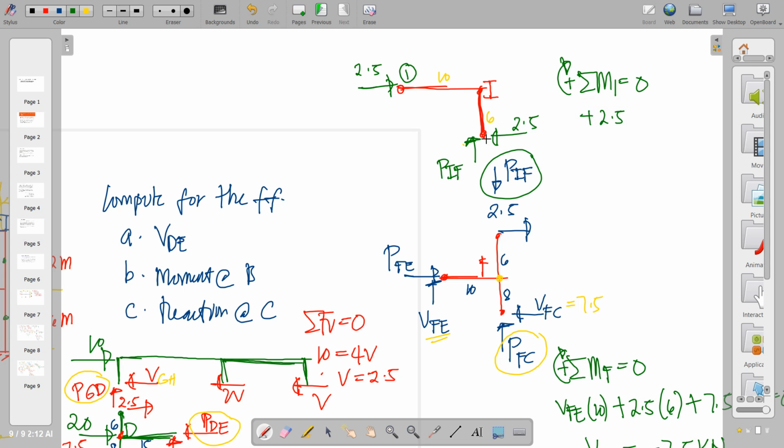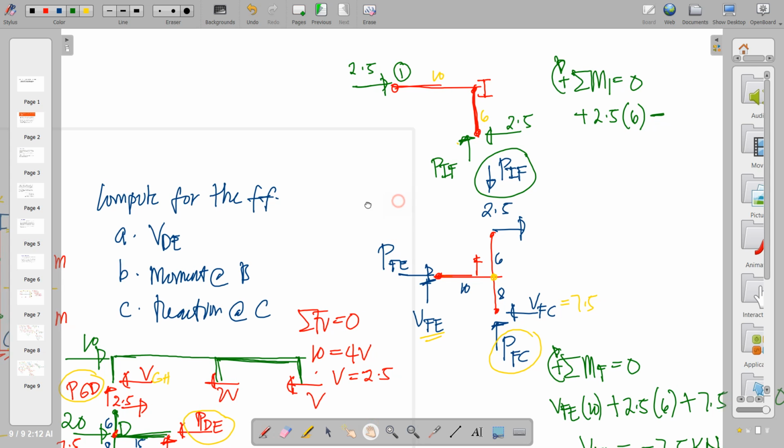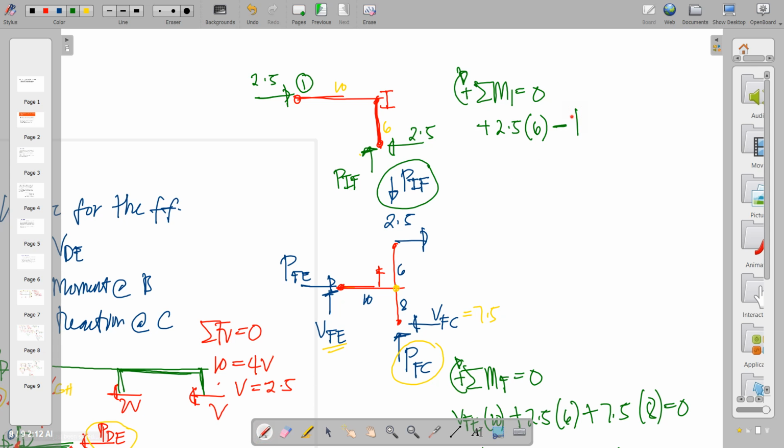Sorry, that is clockwise, times 6 minus this one, PIF times 10 is equal to 0. So therefore, PIF will be equal to 1.5 kilonewton. So you can place it here, 1.5. Anyway, this is positive, just carry the sign.